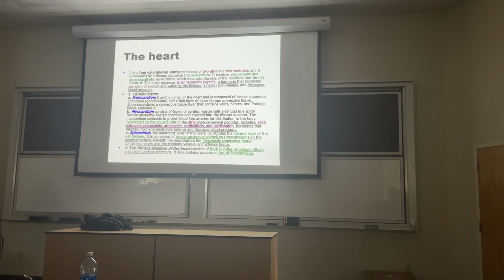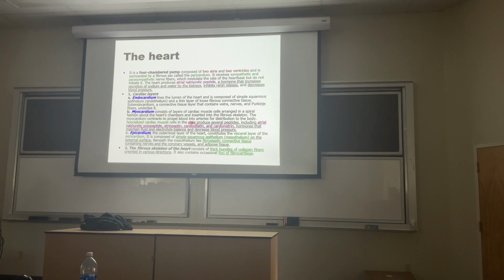The biggest layer is the myocardium, and that, of course, is made up of cardiac muscle. We've looked at cardiac muscle, and we'll look at it again here, but we know that we have intercalated discs in the cardiac muscle, that it has branching, that it is striated, that it usually has 1 or at the most 2 nuclei.